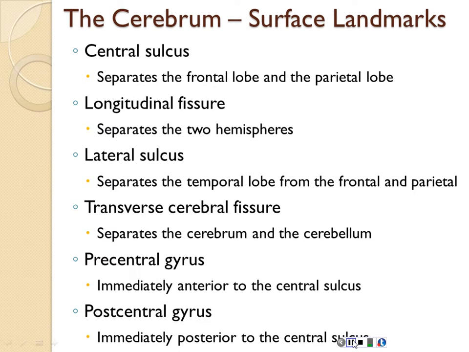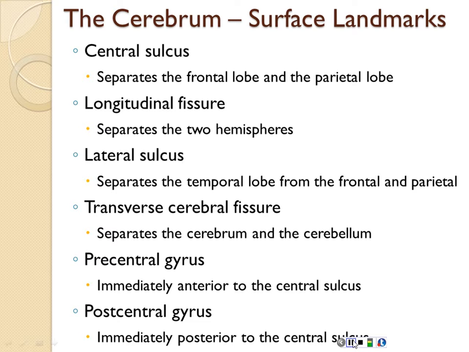So the central sulcus, we saw that, separates the what? Frontal and parietal lobe. It also separates precentral gyrus and postcentral gyrus. Good. Longitudinal fissure, we didn't see that. But the longitudinal fissure separates the left and right cerebral hemispheres. Good.